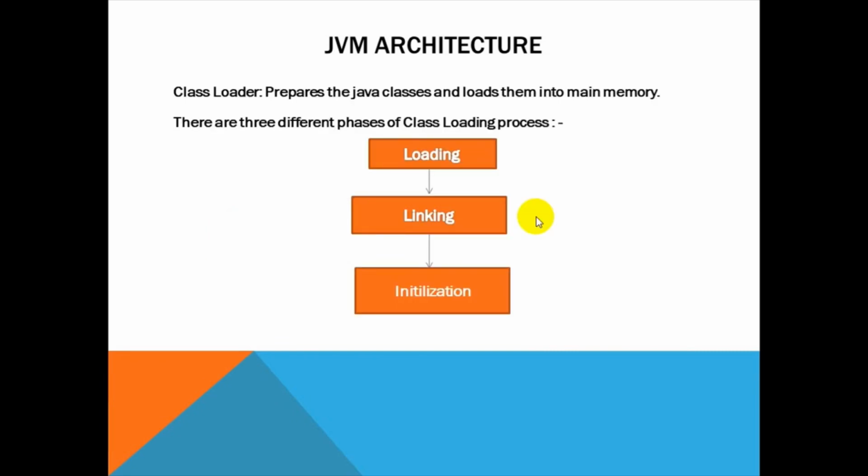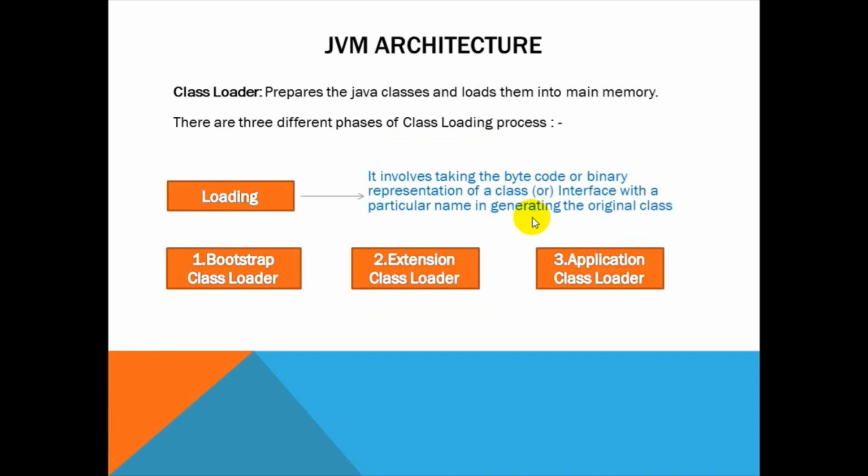There are three different phases of the class loading process: loading, linking, and initialization. Loading involves taking the bytecode or binary representation of a class or interface with a particular name and generating the original class or interface from that.